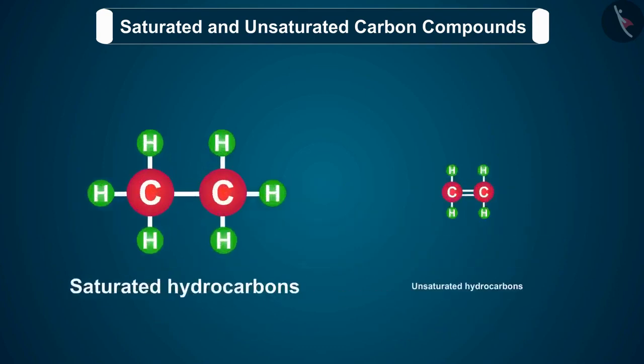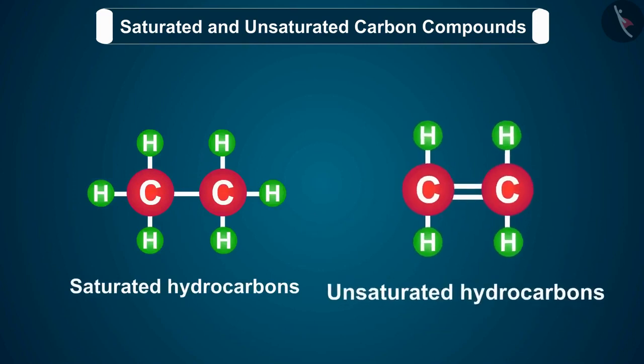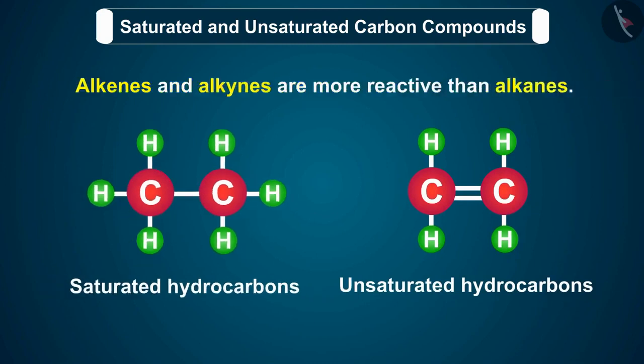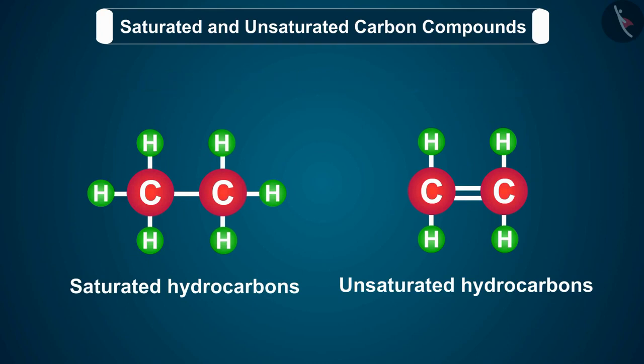Also children, you should know that unsaturated hydrocarbons are more reactive as compared to saturated hydrocarbons. In other words, alkenes and alkynes are more reactive than alkanes. The alkane having 2 carbons is called ethane.